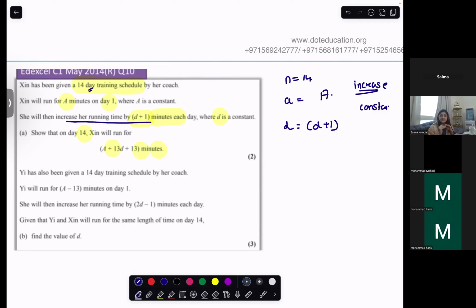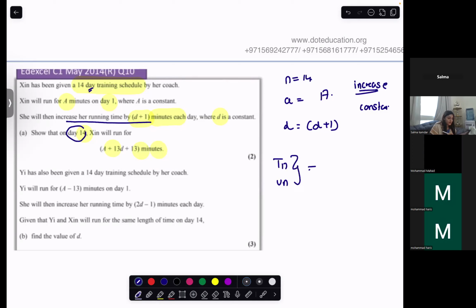Here is where they get confused about whether I have to find Tn or Sn. We have to find Tn because they said show on that day, not accumulatively. So I have to find the Tn, or I would say the Un.